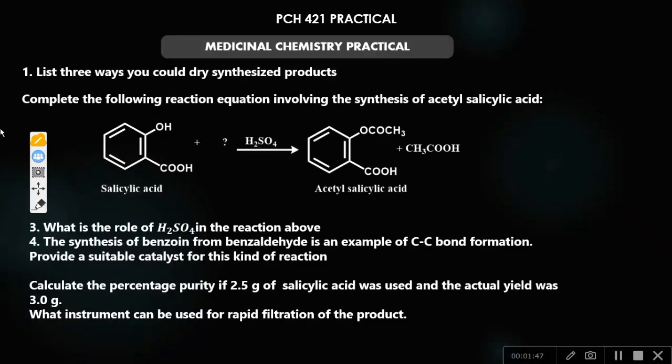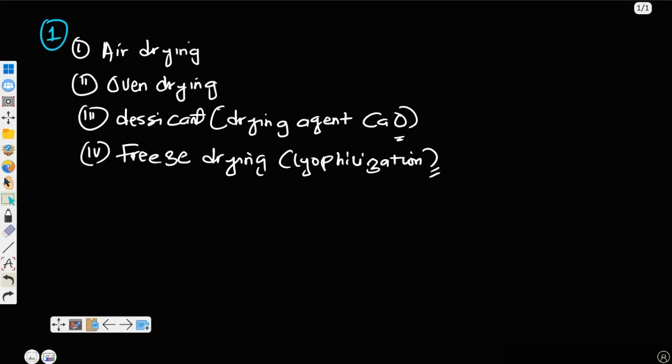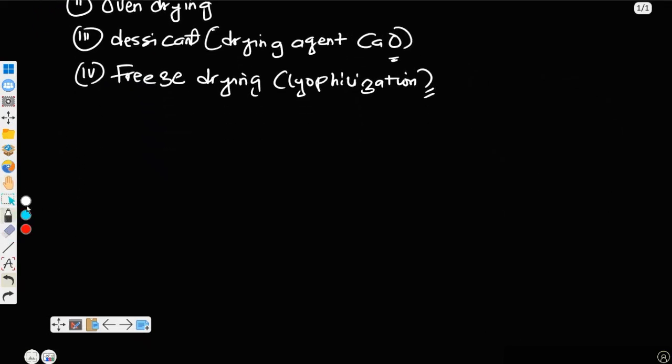Now the next question says, complete the following reactions involving the synthesis of acetylsalicylic acid, which is also called aspirin. Now aspirin, equation of reaction, so we have number 2. The equation of reaction usually involves salicylic acid, which is something like this.